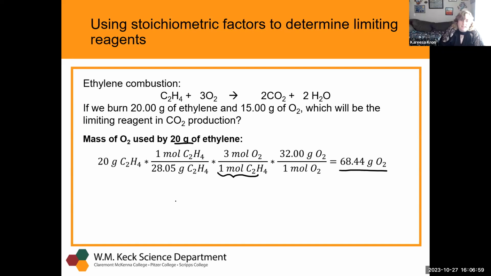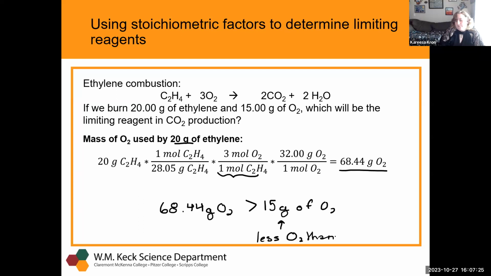And what you can see is in order to use up all of the ethylene, I need 68.44 grams of O2, but I only have 15 grams of O2, which means that my limit here is going to be oxygen. So I have less oxygen than needed, which makes it the limiting reagent.